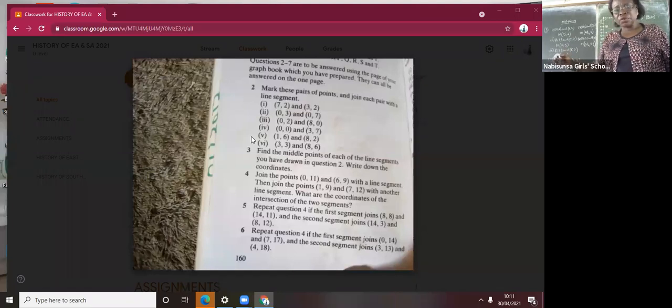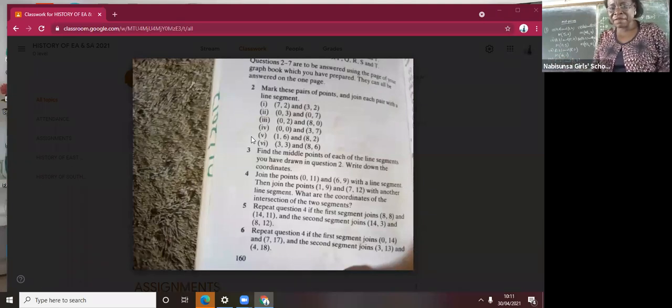For instance, if you go back to question number 2, Roman 1, the starting point is (7, 2) and the ending point is (3, 2). Oh, teacher, I get it. Thank you.